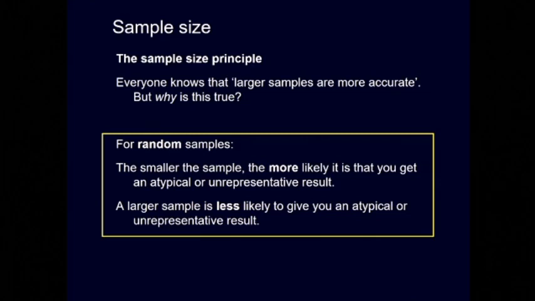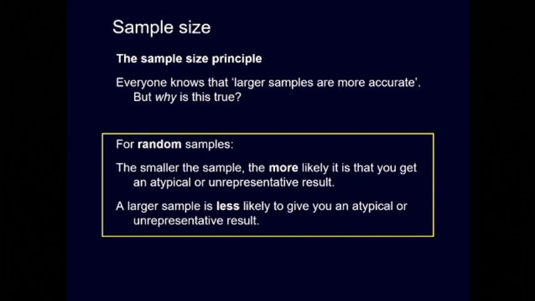Technically, the definition of a random sample is this. It means every individual in the population had an equal chance of getting into the sample. It's not that some individuals were more likely to be sampled than others. Everyone had an equal chance.